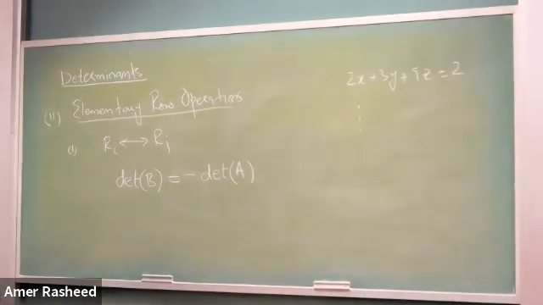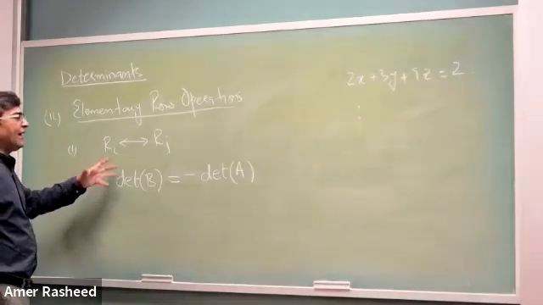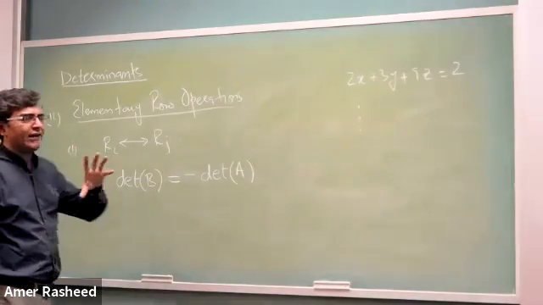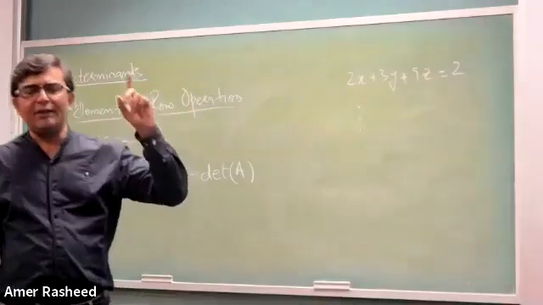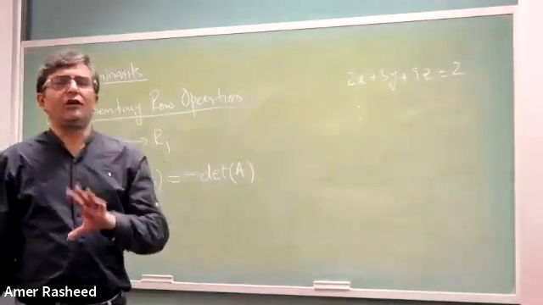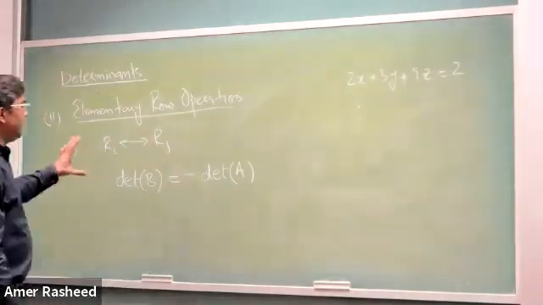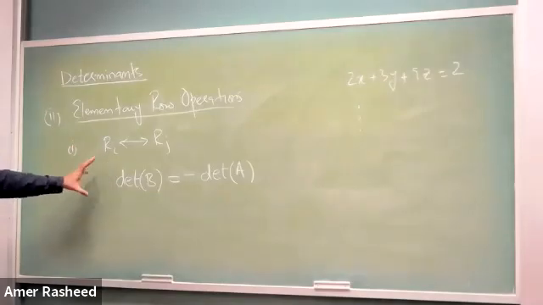So the first elementary row operation is now slightly changed. You cannot use those elementary row operations which we were using while solving linear systems. In determinants, these elementary row operations will slightly change.